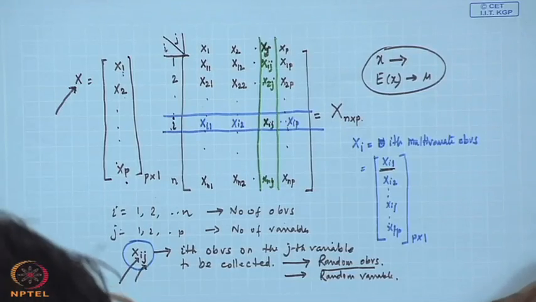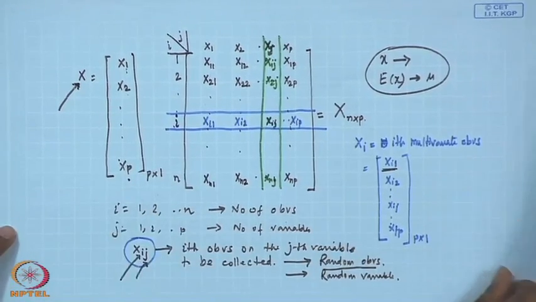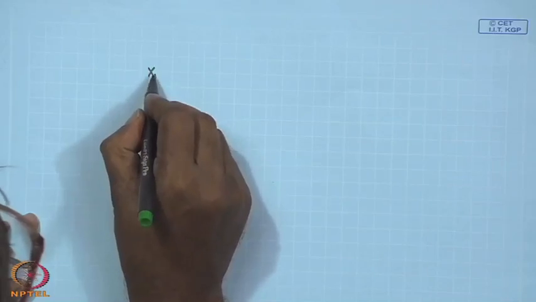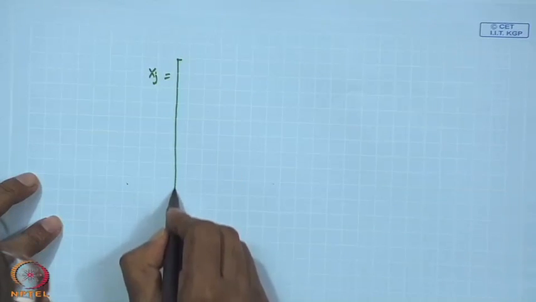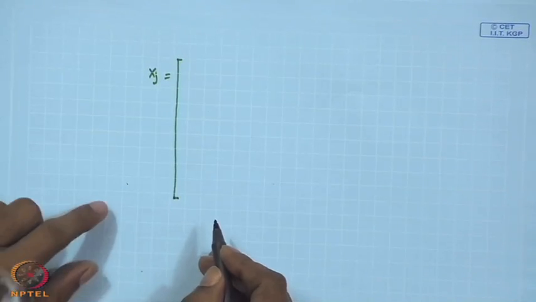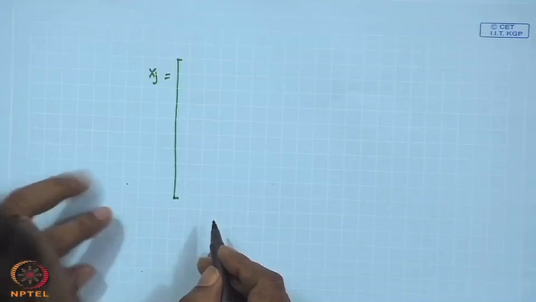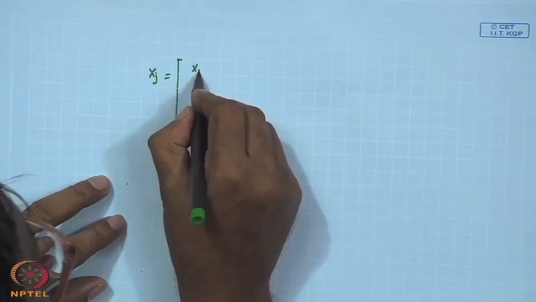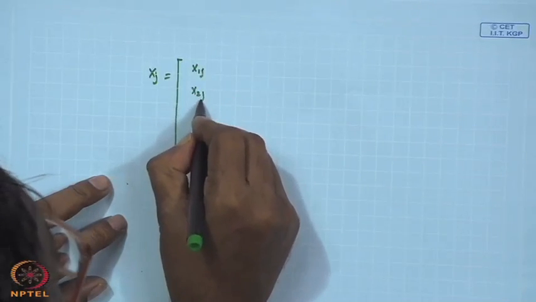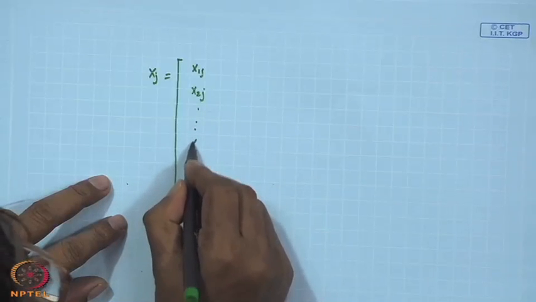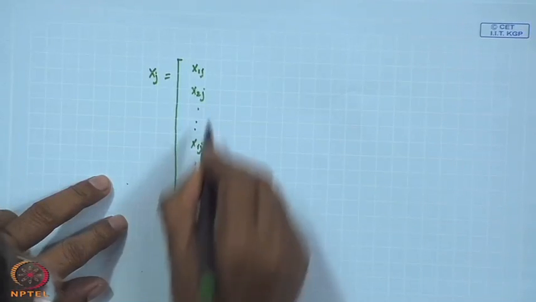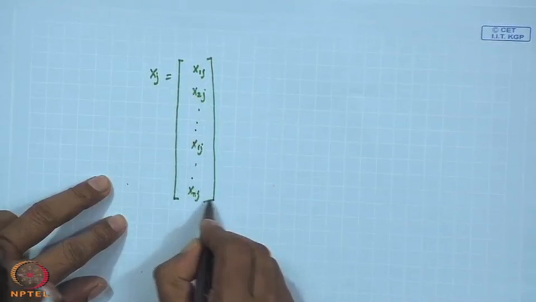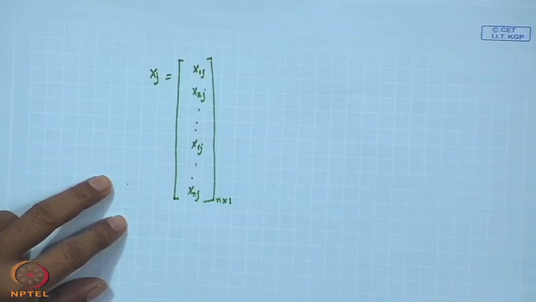If we write x_j as the n observations on the jth variable, then this is x_1j, x_2j, like this, x_ij, then x_nj. It is an n cross 1 matrix.